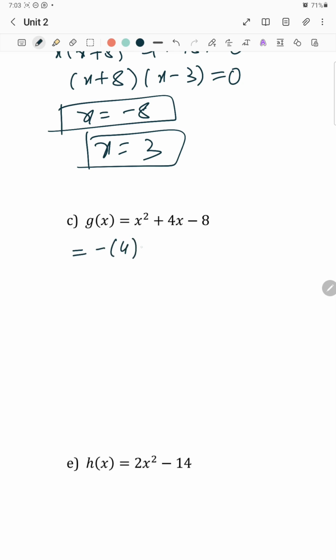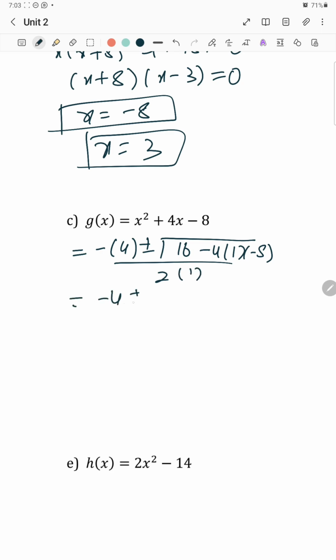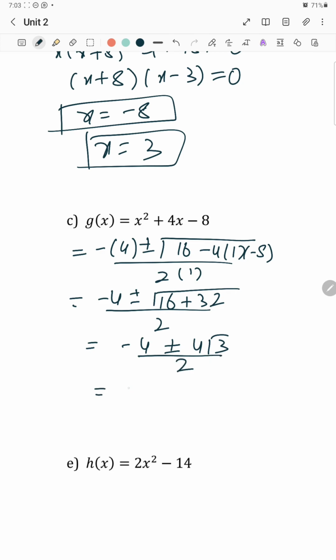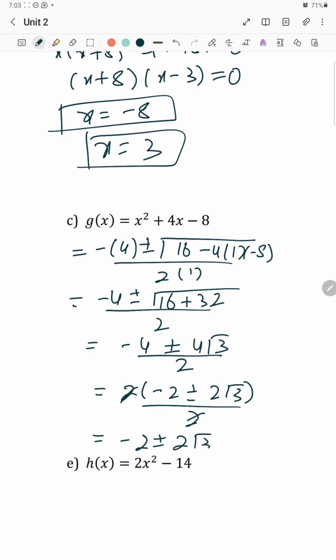Minus b plus minus the square root of b squared minus 4ac over 2a, minus 4 plus minus the square root of 16 plus 32 over 2, minus 4 plus minus 4 square root 3 over 2, taking 2 common, minus 2 plus minus 2 square root 3 over 2, minus 2 plus minus 2 square root 3.